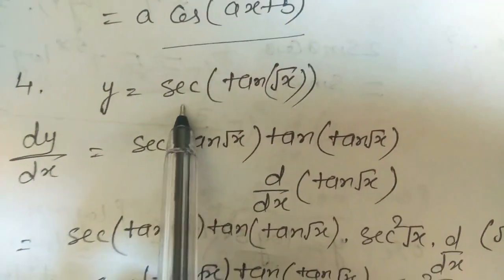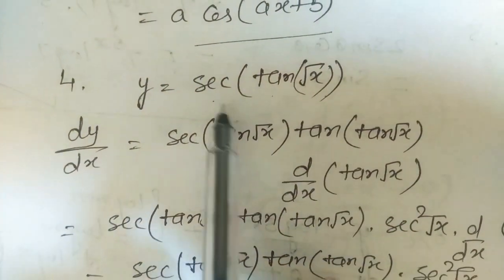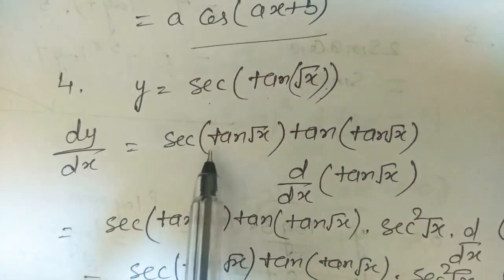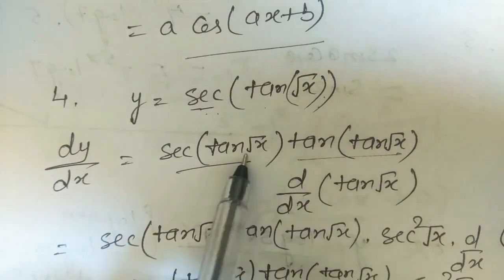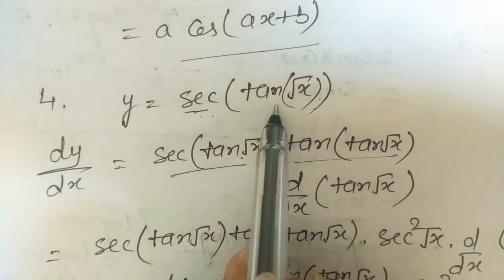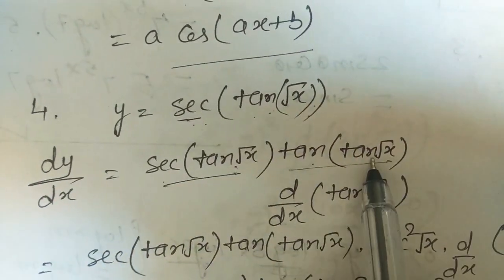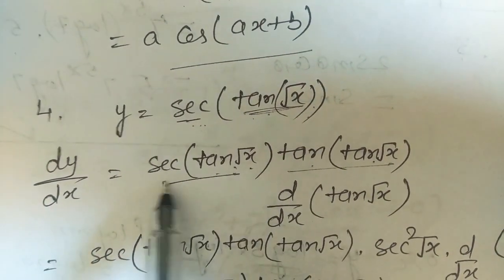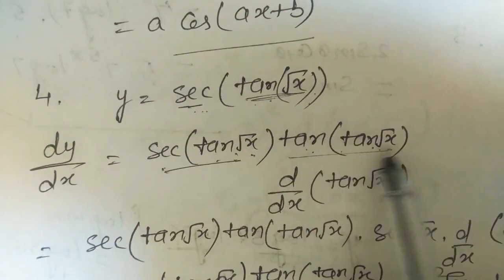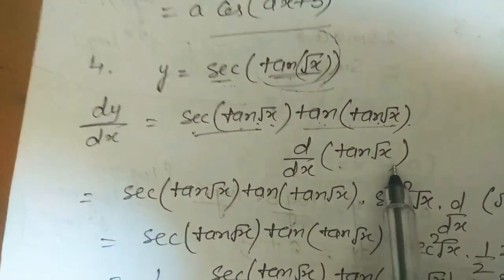Now come to the fourth question. Y is equal to secant of tangent root x. So we know that secant x derivative is secant x tangent x. Suppose this is x. So the derivative of secant of x is secant x tangent x. So here in the place of x is tangent root x. So it is secant of tangent root x, tangent of tangent root x and then the tangent root x derivative.